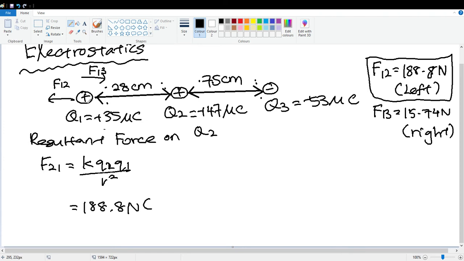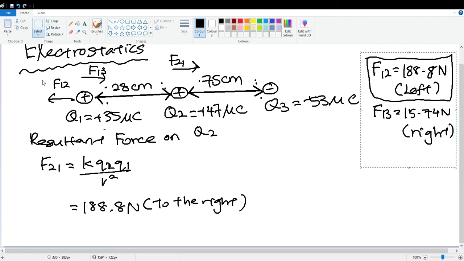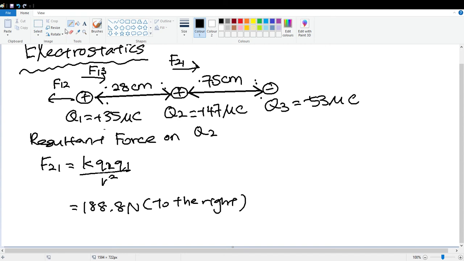Now the main point for us is Q2, so the force F21 is towards the right. So this is F21, which is 188.8 Newton.